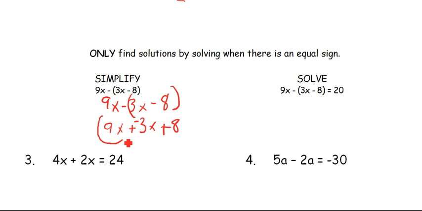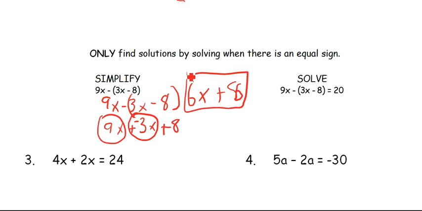So when we combine the 9x and the negative 3x, it gives us 6x, and then we have plus 8. So our answer is 6x plus 8. We have no idea what x equals.